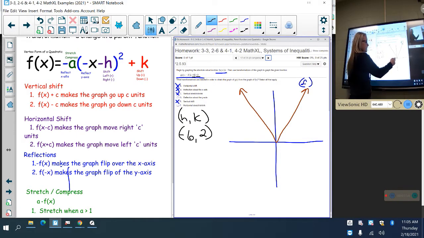So I'm going to go to (-6, 2) and start here. And then I have a -2, which means my slope is -2, so I'm going to go down 2 over 1. Down 2 over 1. And that is going to be your graph of g.